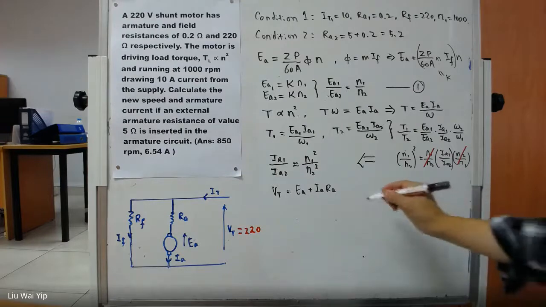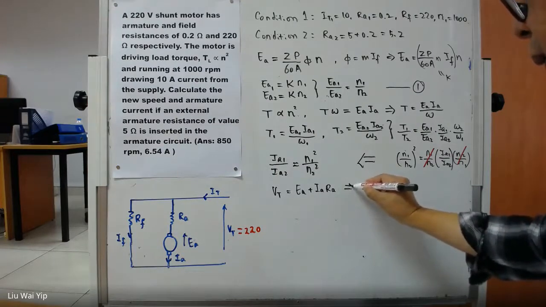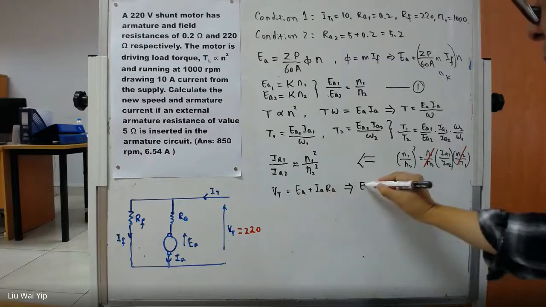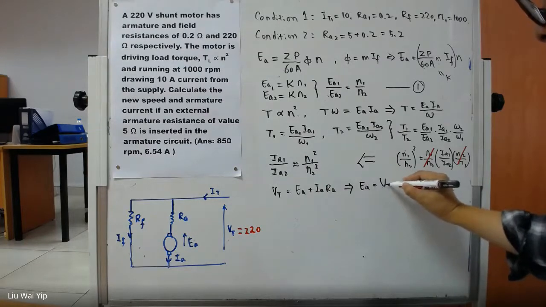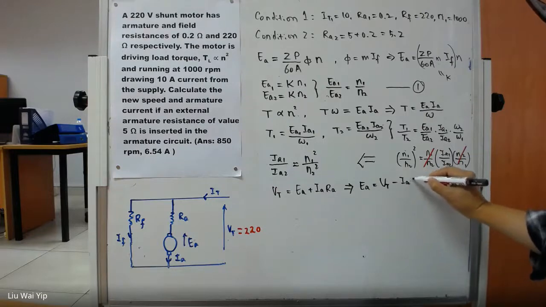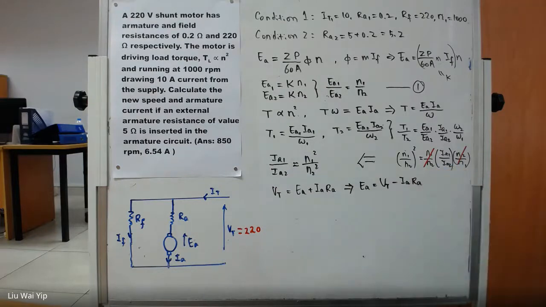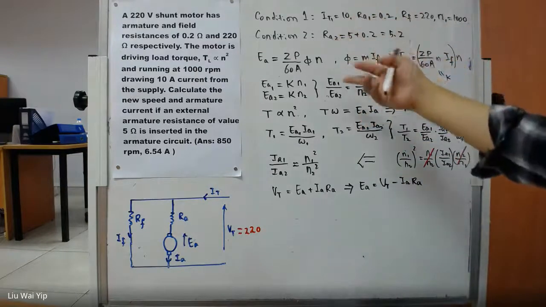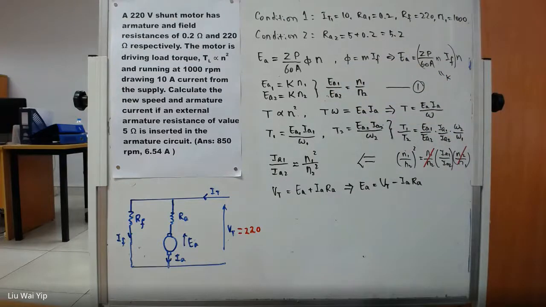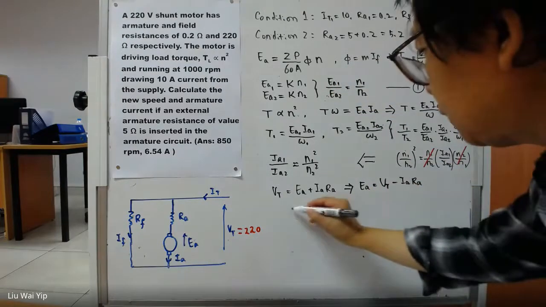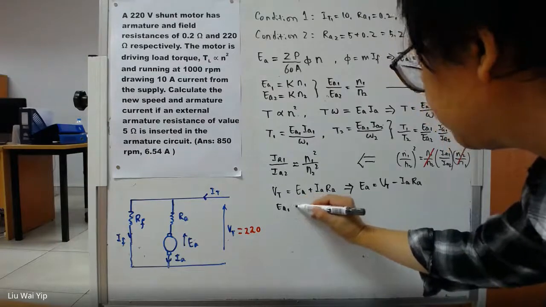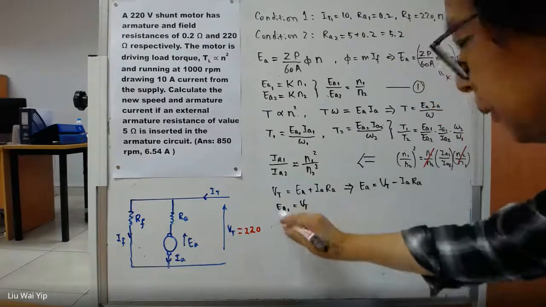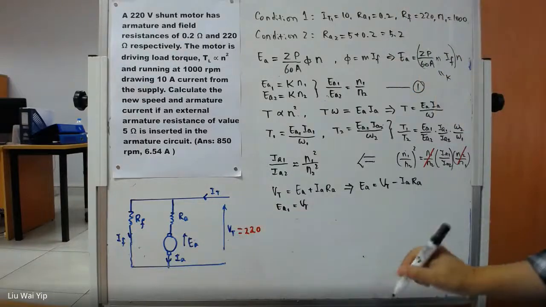So if we do some rearrangement, then we could get EA equals VT minus IA RA. Now we have this equation, right? So in this case, let's try to have a look whether we have anything meaningful here. We can use EA1, which is VT minus IA1 RA1, because the supply voltage is not going to change.